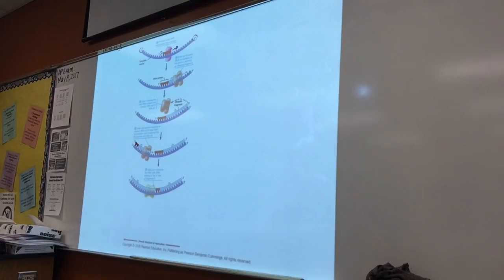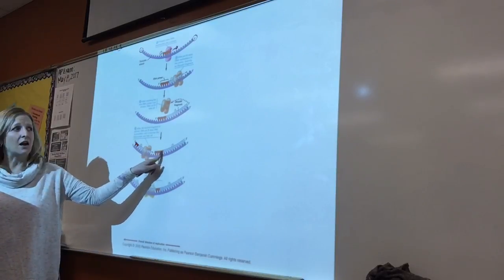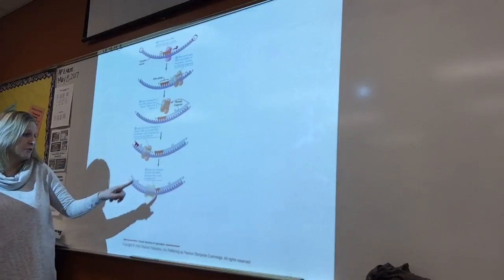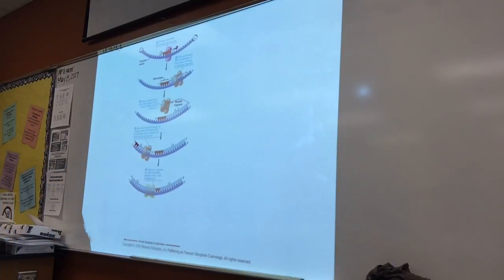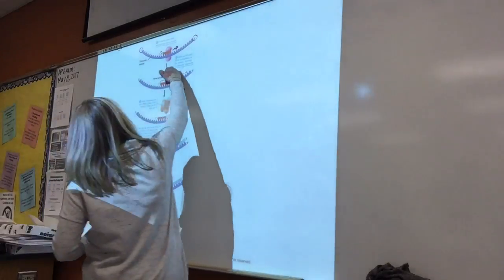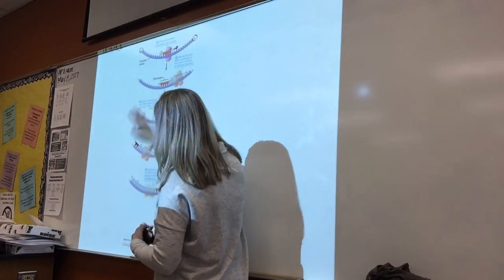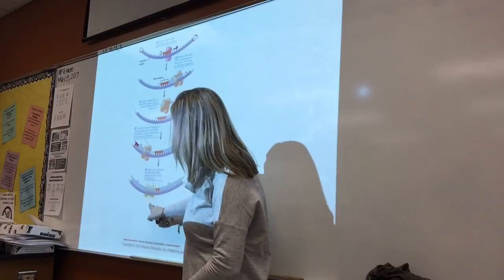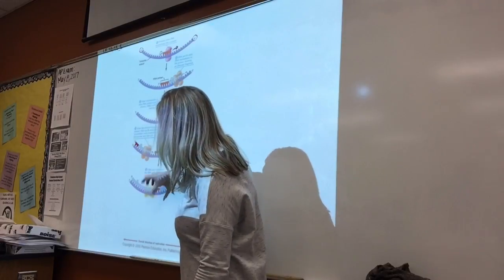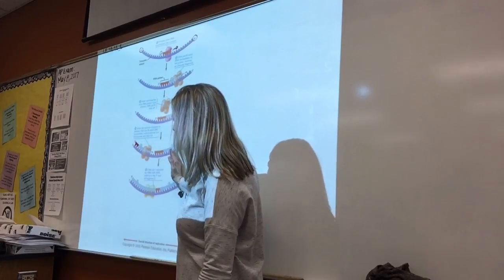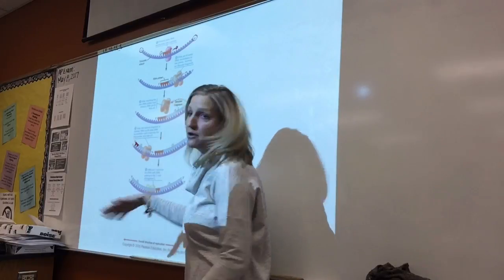Then what we haven't talked about yet is what do we do with these RNA nucleotides? RNA nucleotides are different than DNA nucleotides. So therefore, there's a second DNA polymerase. DNA polymerase 3 added nucleotides to grow your strand. DNA polymerase 1 replaces or takes out the RNA nucleotides and plugs in DNA nucleotides.